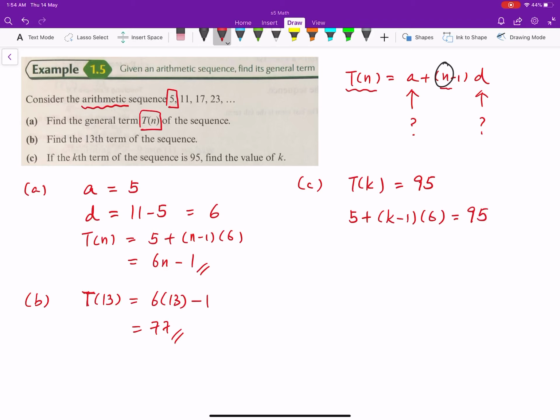Oh, sorry, I should not use this. I should use the answer found in part A. So we will get 6k minus 1 equals to 95. So we always need to look at what we have found in the previous part in order to make it simple, otherwise you need to do all the things once again, and then you spend some more time doing the questions. So k equals 16.